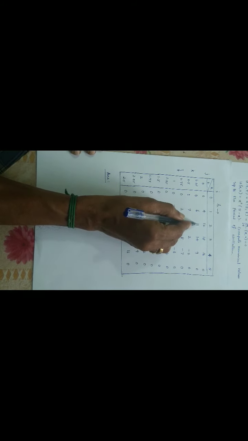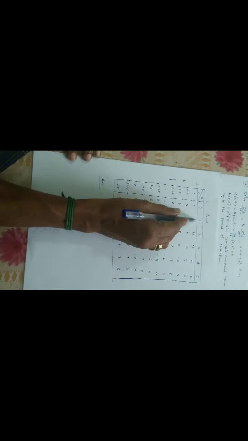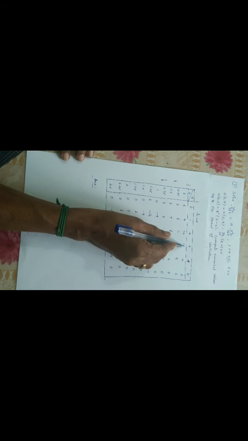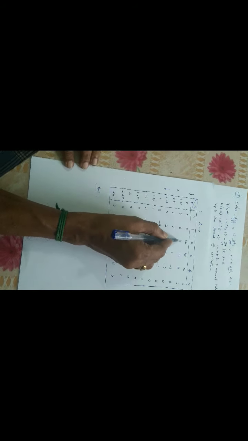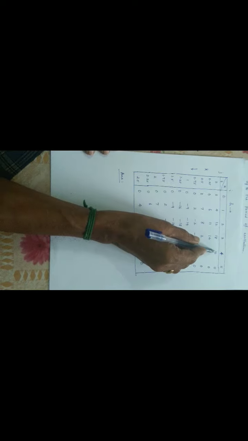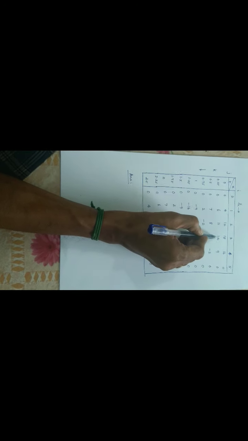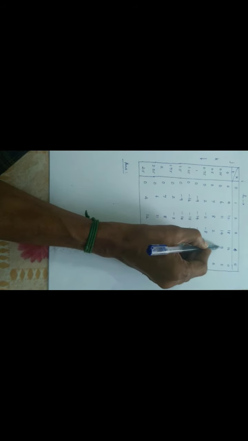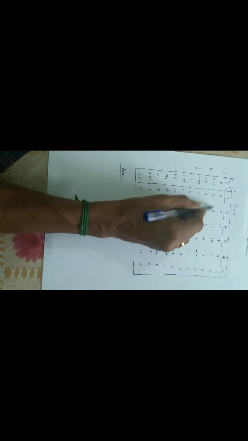Next this value: 4 plus 18, 22 by 2, 11. Next this value: 12 plus 16, 28 divided by 2, 14. Next this value: 18 plus 0 divided by 2, 9. So I am able to complete the next time level by just taking the average.